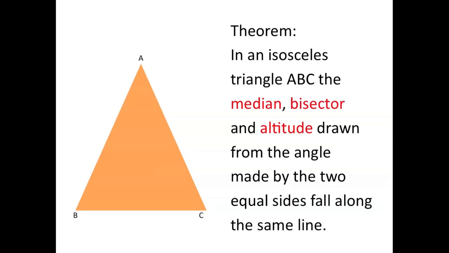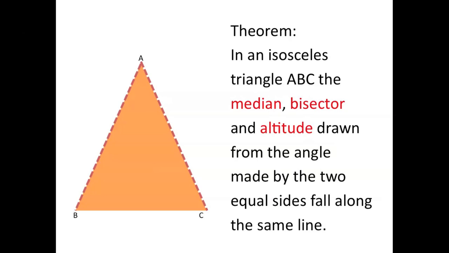So let's have our triangle ABC, and let's say that AB is equal to AC. So that makes it an isosceles triangle since two of the sides are equal. And we're going to try to prove that the median line, the bisector line, and the altitude that are drawn from angle A are all going to fall on the same line.